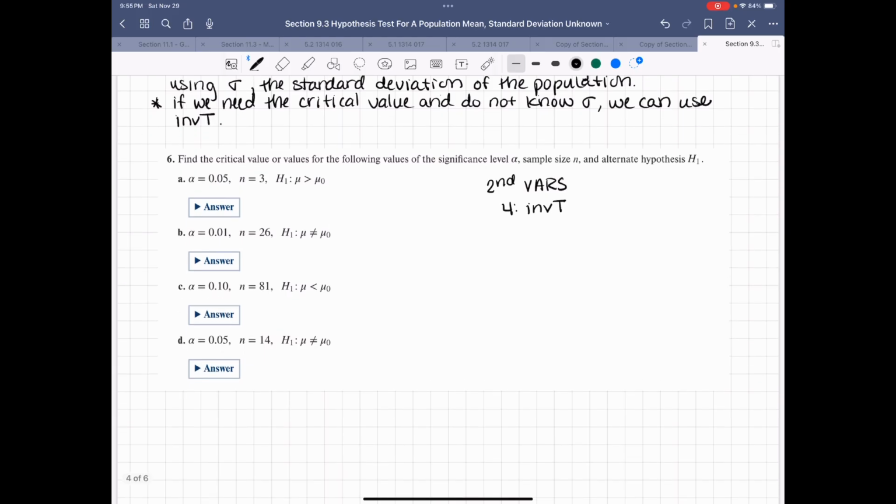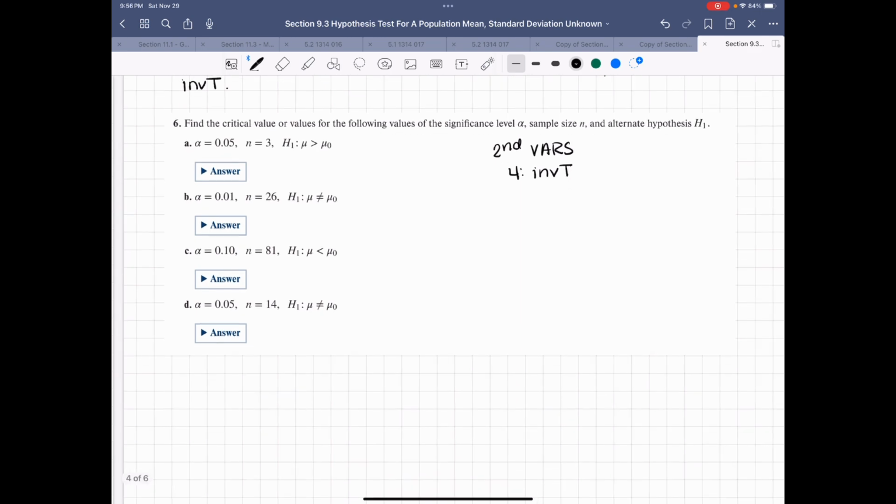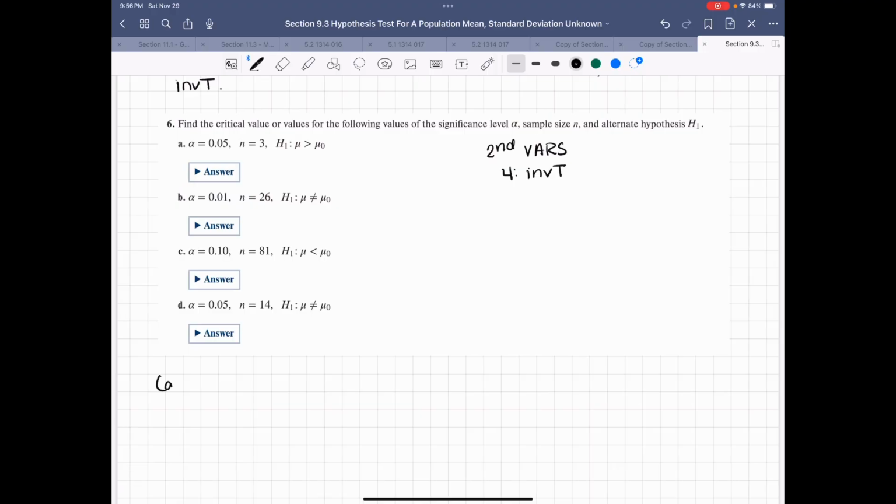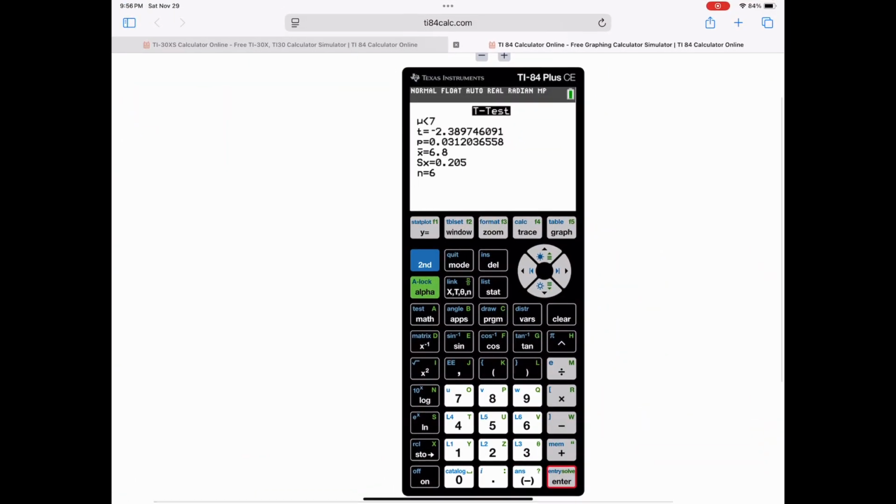So number 6 says find the critical value or values of the following values of the significance level alpha, sample size n, and alternate hypothesis h sub 1. So we are going to go to second vars, and I'm just going to write this out here in just a second. We're going to second vars and the inverse norm. So I'm going to clear this. I'm going to go to second vars, number 4, inverse t, not inverse norm.